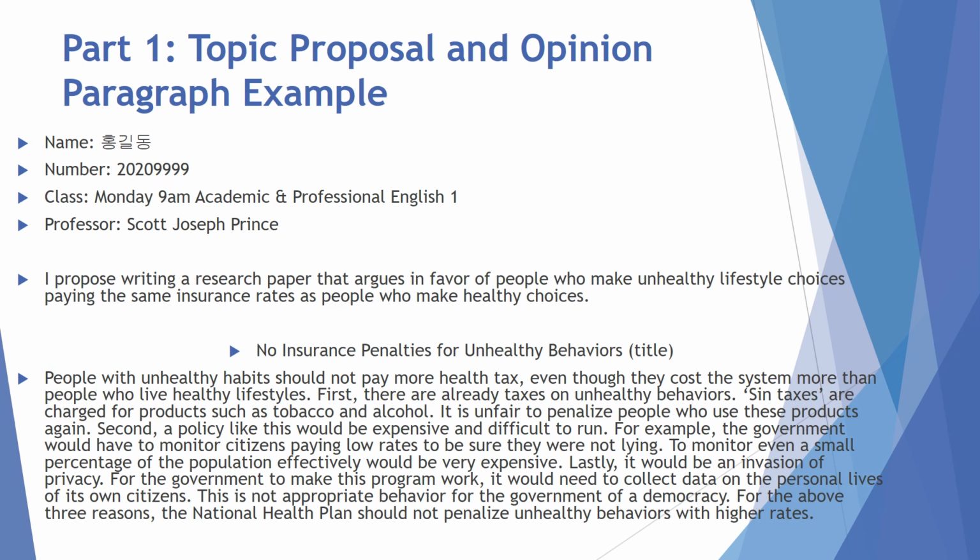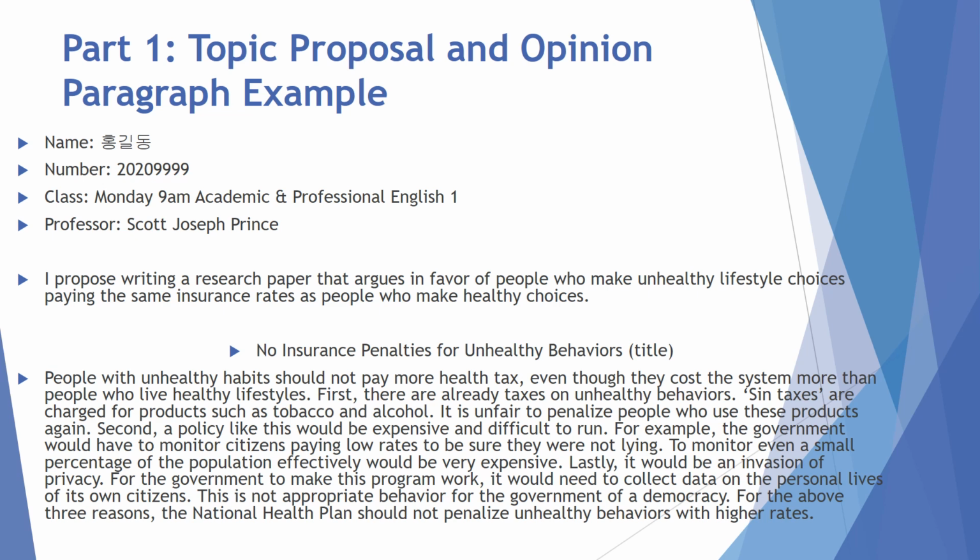Second, a policy like this would be expensive and difficult to run. For example, the government would have to monitor citizens paying low rates to be sure they were not lying. To monitor even a small percentage of the population effectively would be very expensive. Lastly, it would be an invasion of privacy.